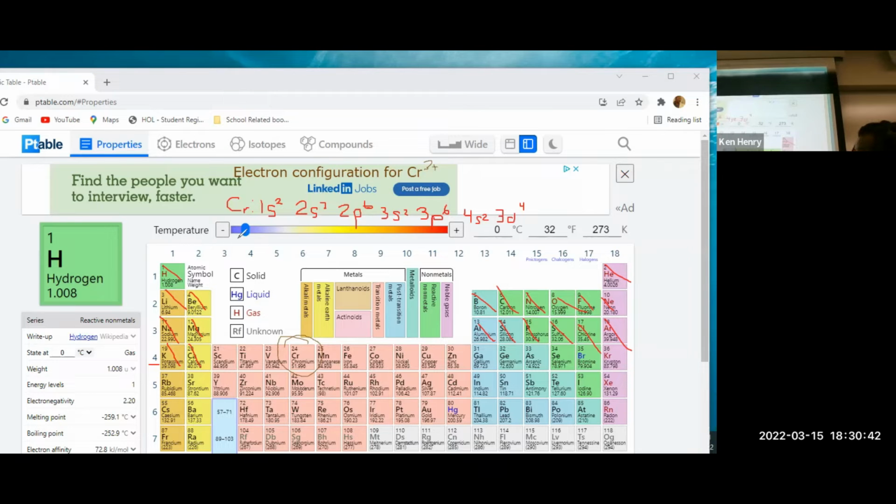So if we do Cr3+, we have 1s2, 2s2, 2p6, 3s2, 3p6, and then we're taking away from here. We're removing 2 here.